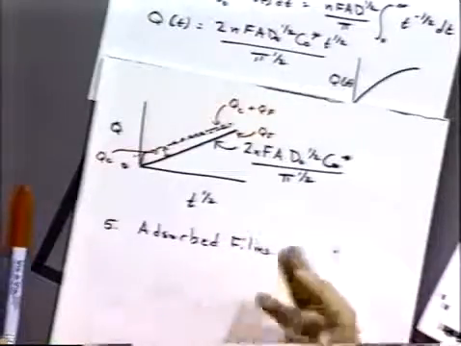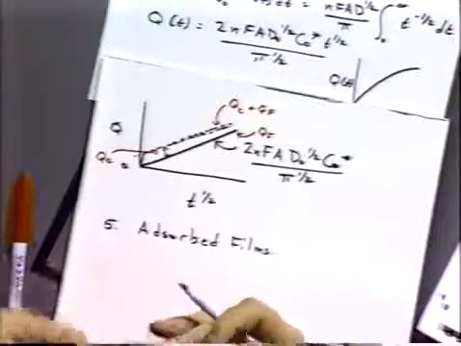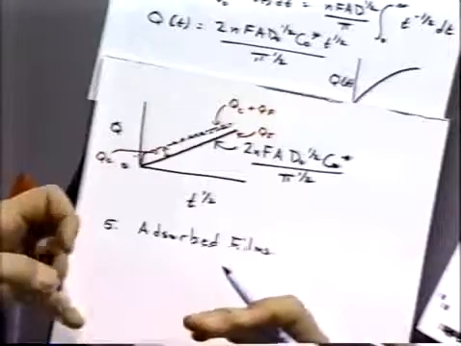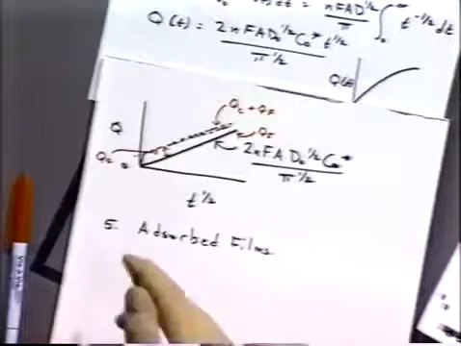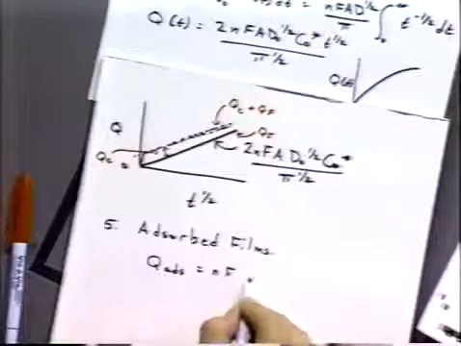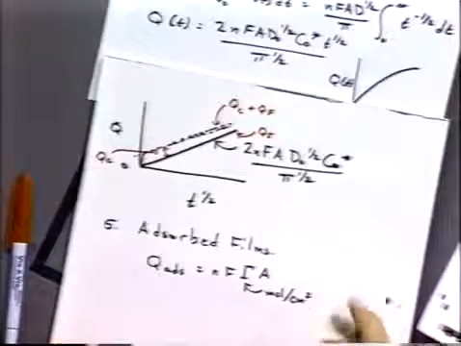Because that adsorbed film isn't diffusing to the electrode surface, that current will flow fairly quickly in the course of the experiment. And actually, the charge for the adsorbed film would be simply equal to nF times the coverage of that film, how many moles per square centimeter of that material is adsorbed onto the film.